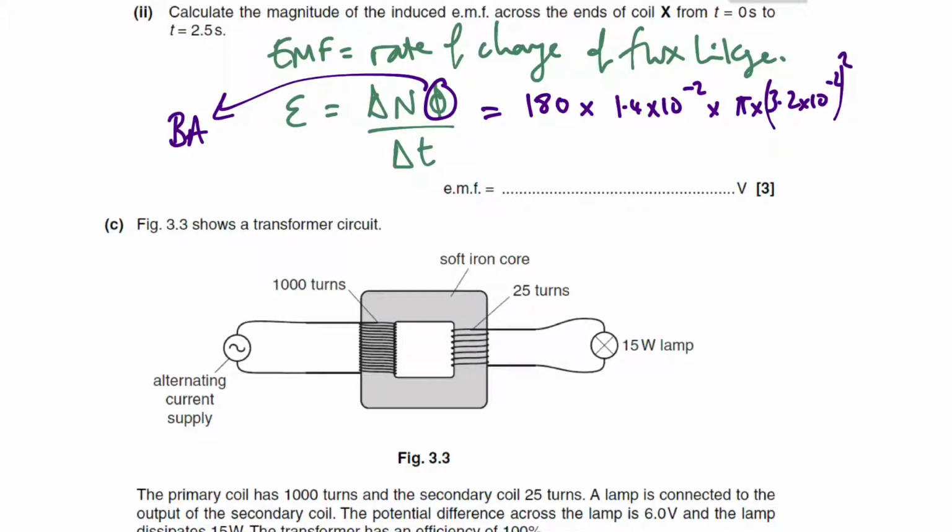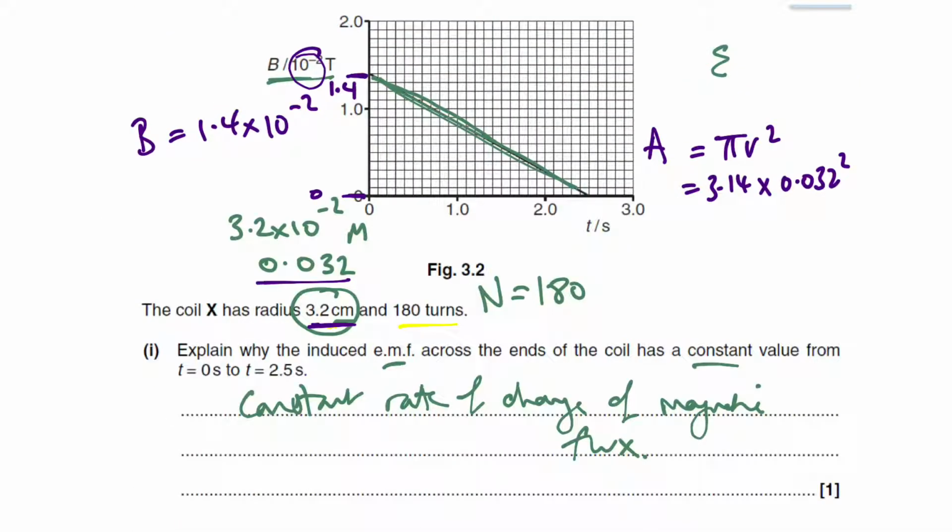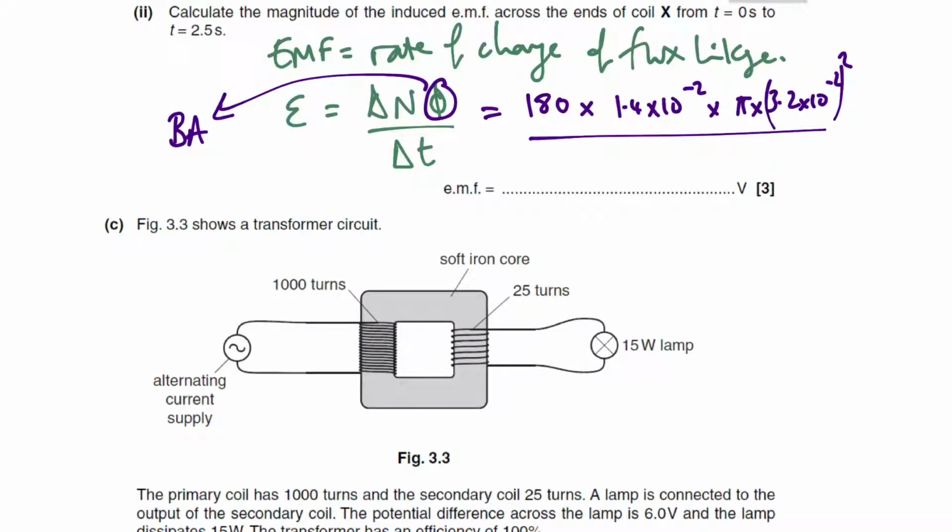Don't forget to square it. And then the time taken, well again, flick back to the graph, I think it tells you elsewhere too, but we're looking over a period of 2.5 seconds. And that then comes out to be 3.2 times 10 to the minus 3 volts.